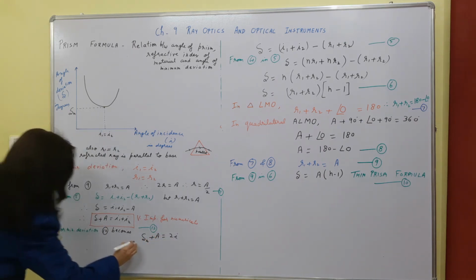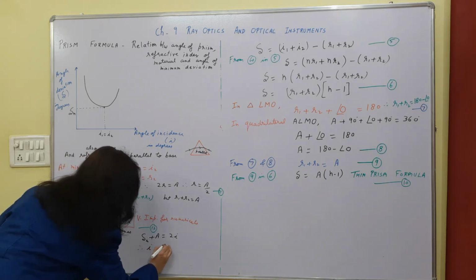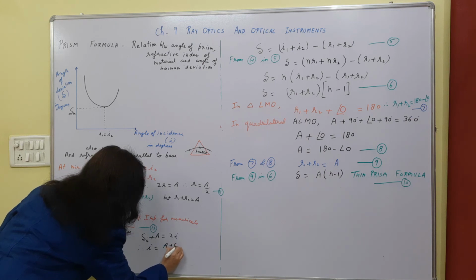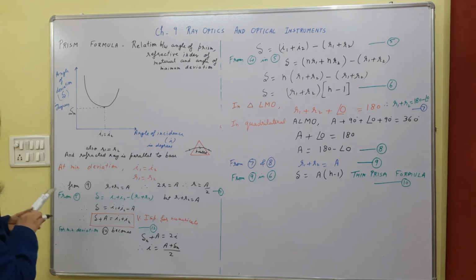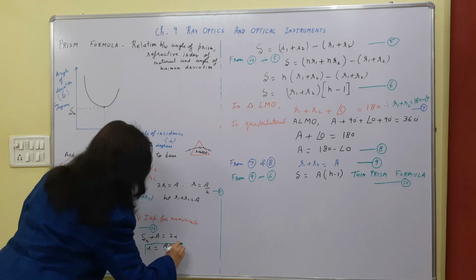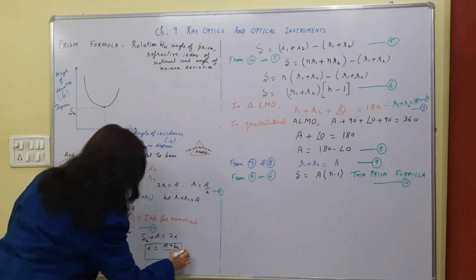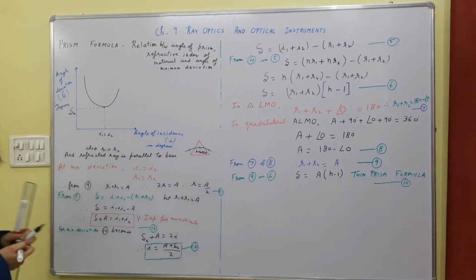So therefore, I is equal to A plus delta m upon 2. Right? Very, very important. So this is your 13th. Right? Now I just need to put it in Snell's law.